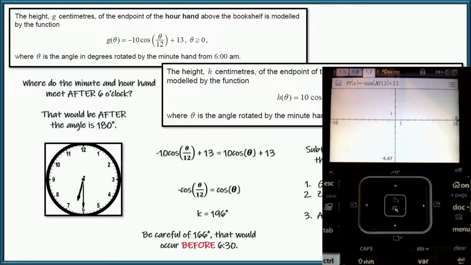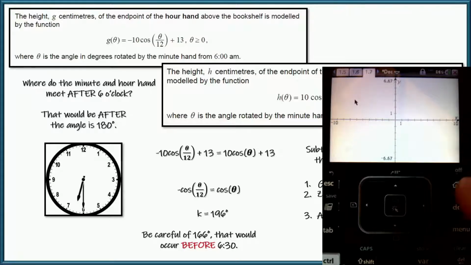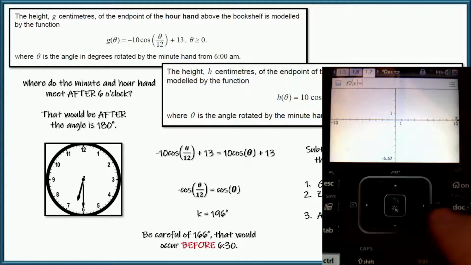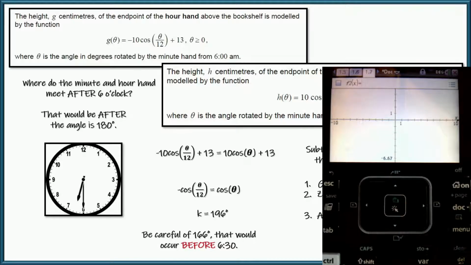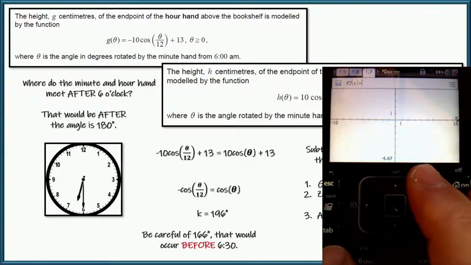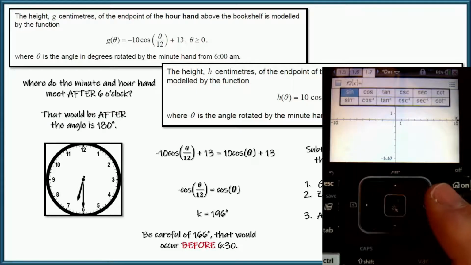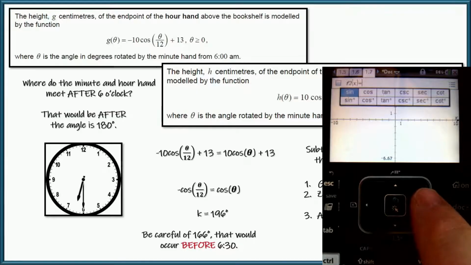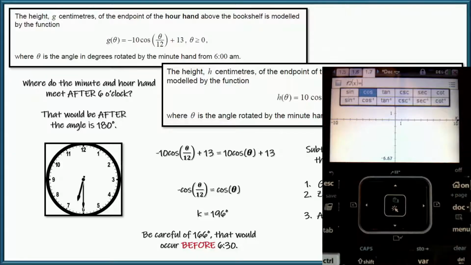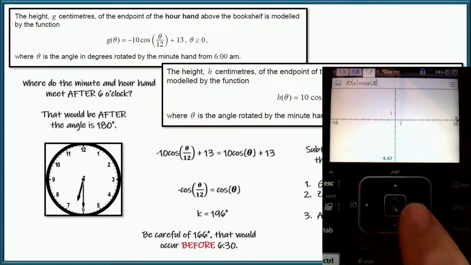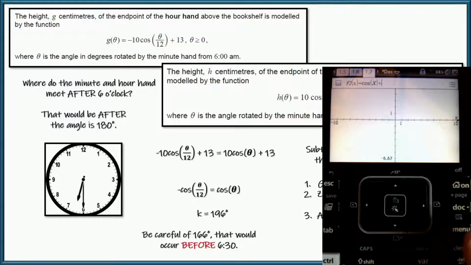So there's one graph. All right. It's going to be kind of hard to see on there. You can double tap the center to get to your other equation. So the other one we have is cosine. So we got cosine of x and then plus 13 again.